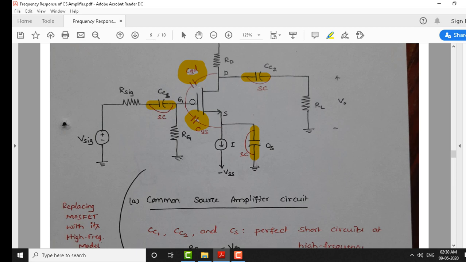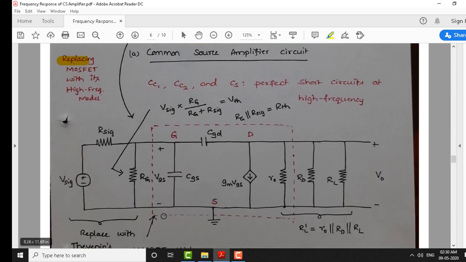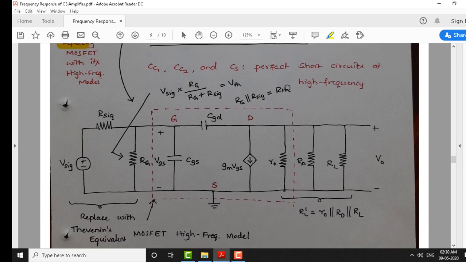Now we can obtain the small signal equivalent circuit of the MOSFET, and then later on we can replace the MOSFET with its high frequency model. So after replacing the MOSFET with its high frequency model, the circuit appears as shown here. Here you can see that at high frequencies, these capacitances are behaving like a short circuit, and let us see various other elements here.